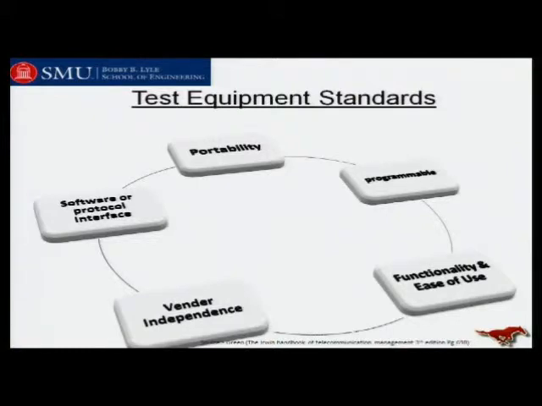Then comes functionality and ease of use, whether your equipment is single purpose or multi-purpose, and how easy it is to use that equipment. And the last one is vendor independence. One of the major hazards in constructing a telecommunication testing system today is too much dependence on a single vendor. So you must be selective, you must look at various options you have and then determine what vendor you have to go for.